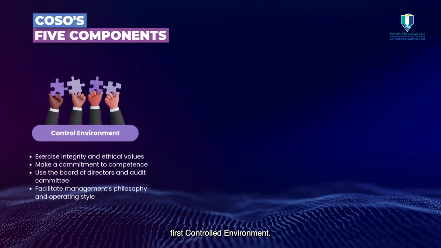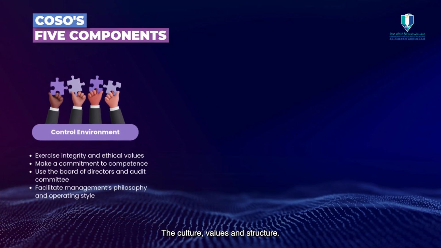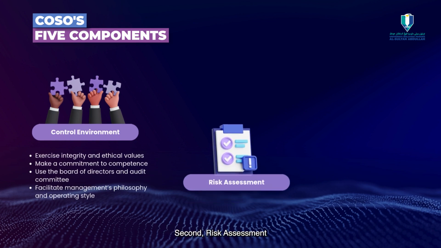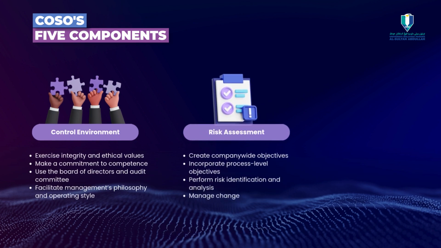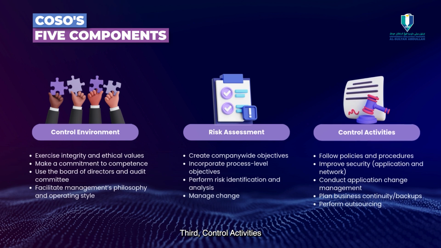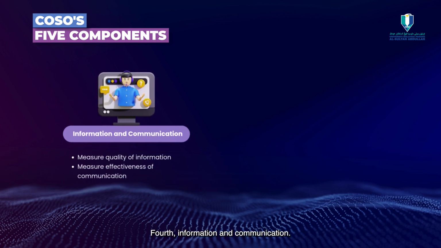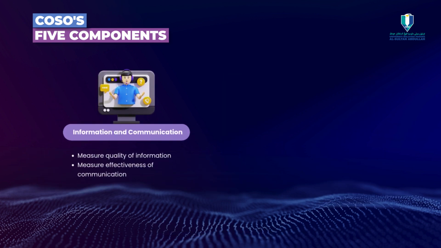First, control environment, the culture, values, and structure. Second, risk assessment, identifying what could go wrong. Third, control activities, things like approvals, rules, and checks. Fourth, information and communication, getting the right info to the right people.